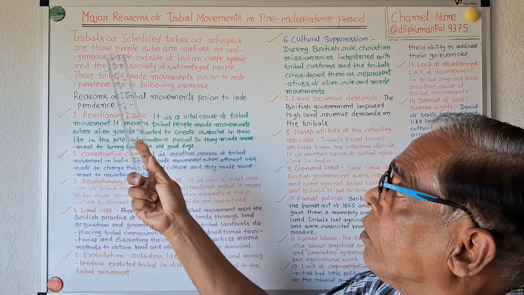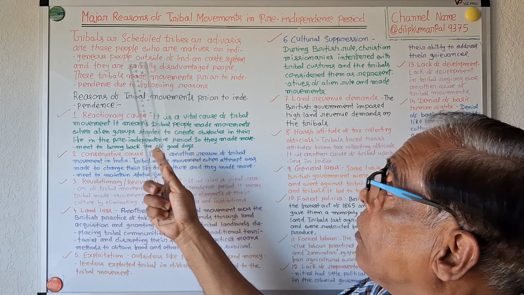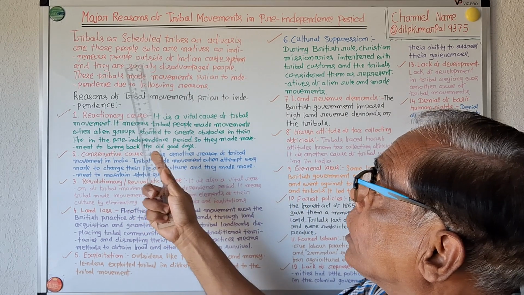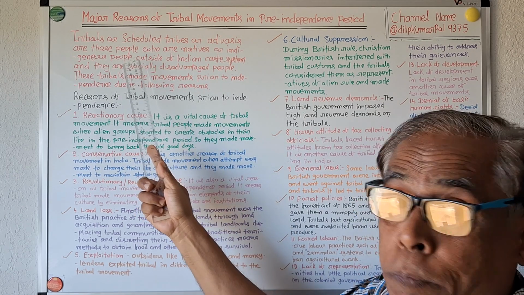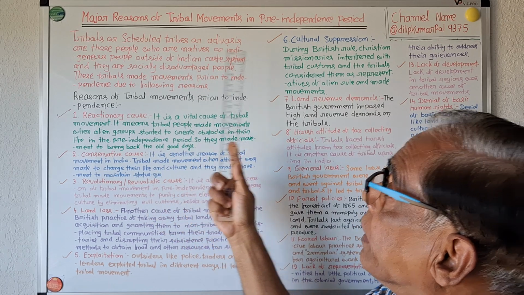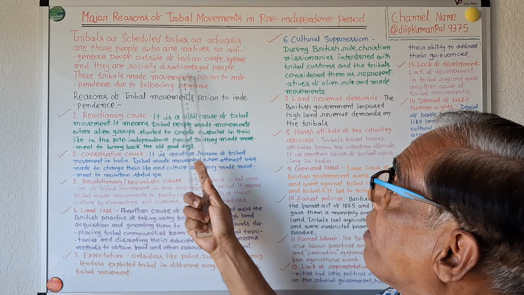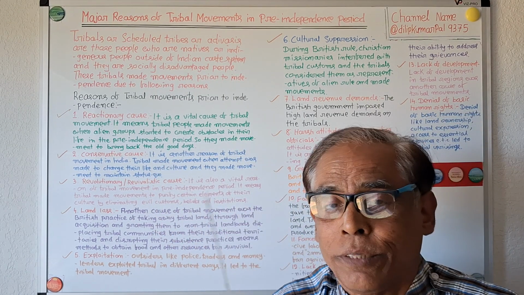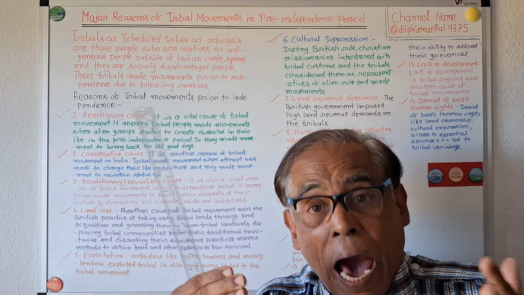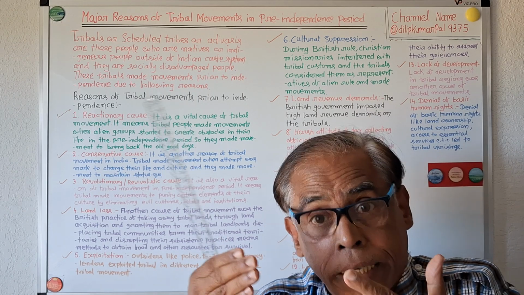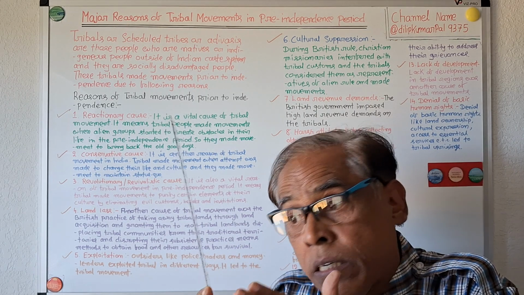Let us start. Tribals or scheduled tribes or Adivasis are those people who are natives or indigenous people outside the Indian caste system, and they are socially disadvantaged people. So tribals means scheduled tribes or Adivasis or indigenous people who are not found in the Indian caste structure.